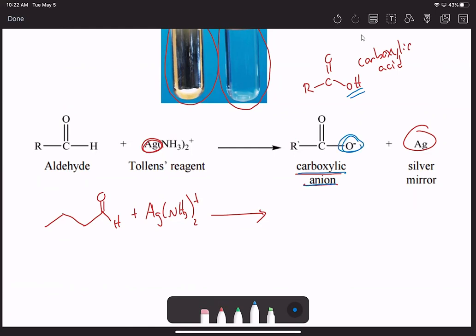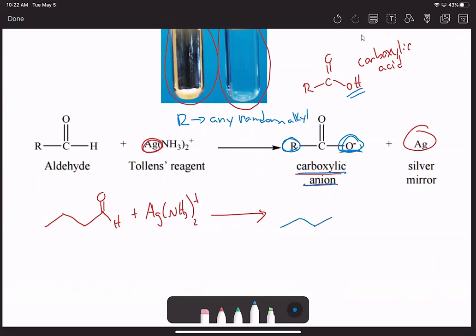Don't worry about what this R is. This R is just any random alkyl. Could be methyl, ethyl, propyl, butyl. It could be anything, right? It's just some random alkyl group and nothing specific here. But we want to notice that what we get here is a carboxylic anion.